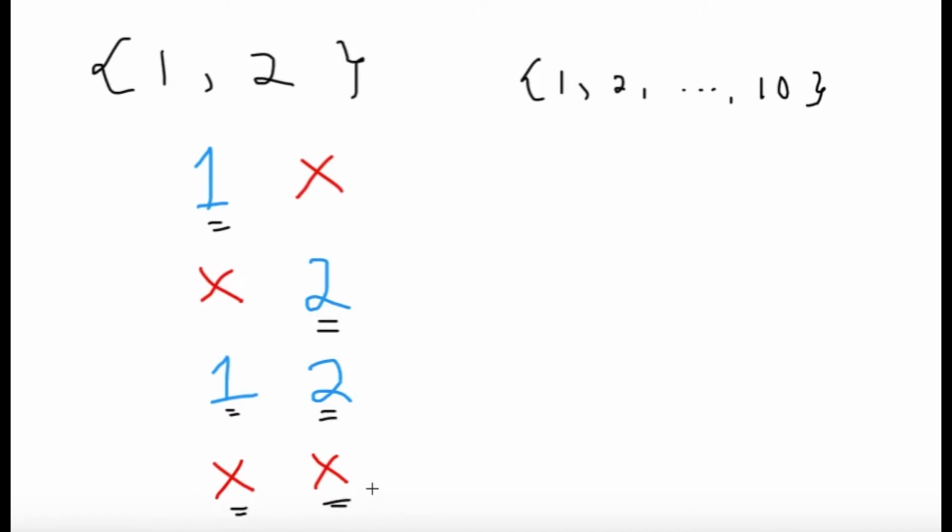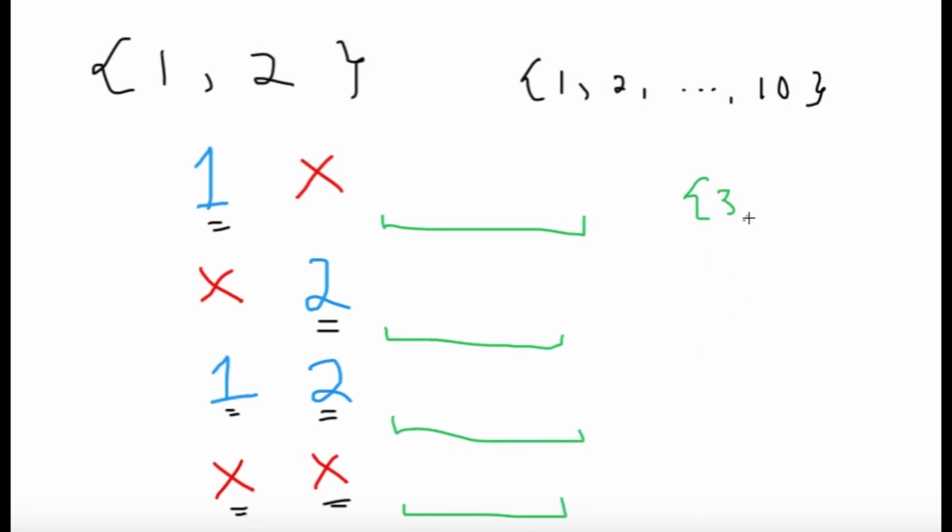This is particularly interesting because in each case the rest of the elements are determined by practically the same thing that we're doing, which was choosing some elements from the set 3 to 10. So the number of subsets in each case would be equivalent to the number of subsets from 3 to 10, which is, again, 2 raised to 8.